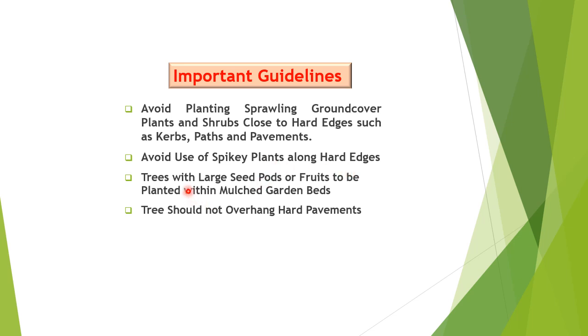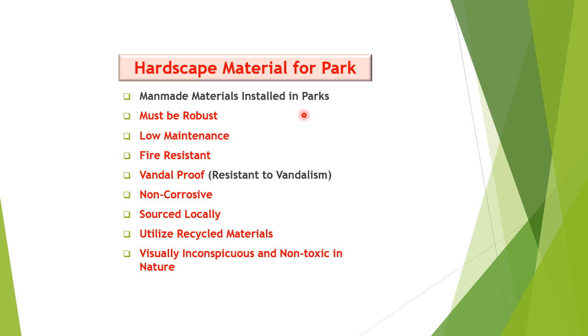Trees with large seed pods and fruits should be planted within mulched garden beds, not nearer to the path, because that will create a problem on the path. Trees should not overhang hard pavements, so it should be away from the path. That's why we maintain a distance between the tree and the path. It's just for shading.